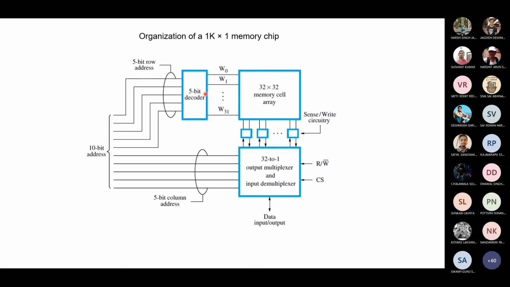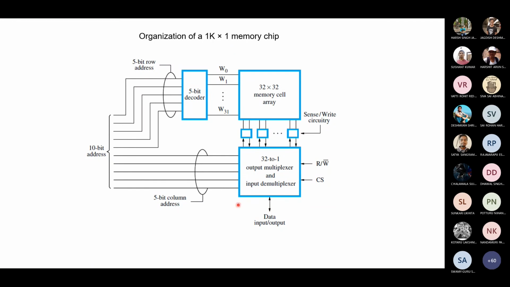And the same decoder is being used. So that is why this design is a good design. 1K into 1 memory, you can say it 1K into 8 memory, you can say 1K into 16 memory, you can say 1K into 32 memory also.